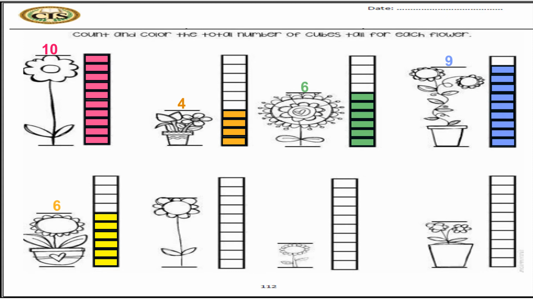Flower number 6. 1, 2, 3, 4, 5, 6, 7, 8. 8 cubes. Flower number 7. 1, 2, 3. 3 cubes tall. Flower number 8. 1, 2, 3, 4, 5. 5 cubes tall.